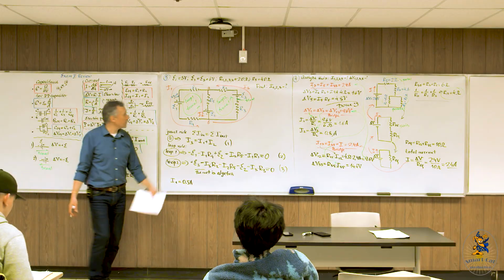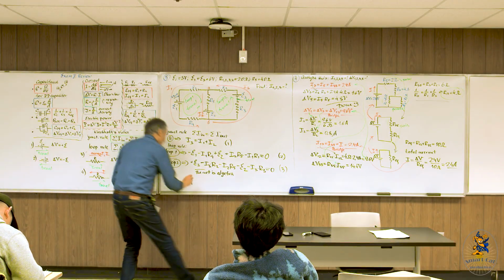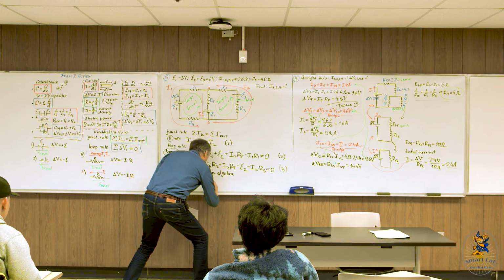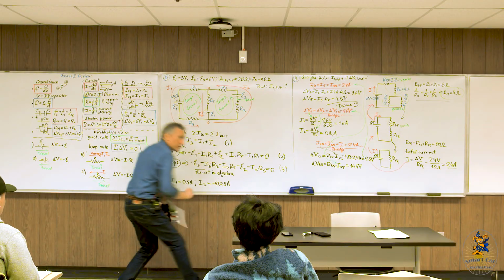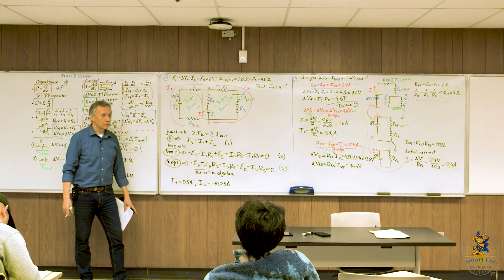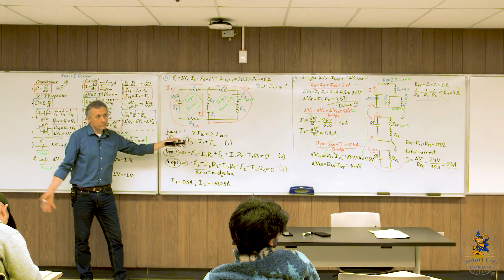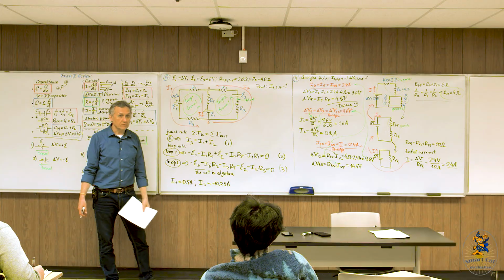So we picked the correct direction for the current I1. Guessed. Right? So then I2 is minus 0.25 amps. So in this case, what can we say about the direction of current I2? We're bad at guessing, right? So in this case, current I2 is actually up, must flow up, right?